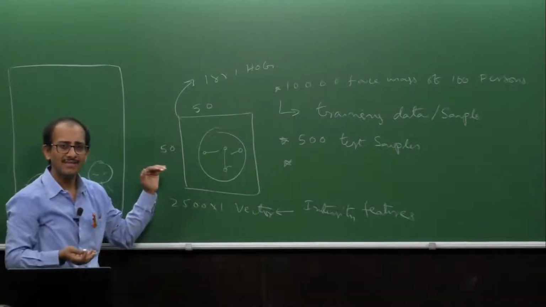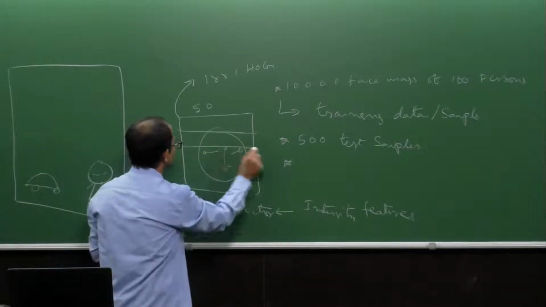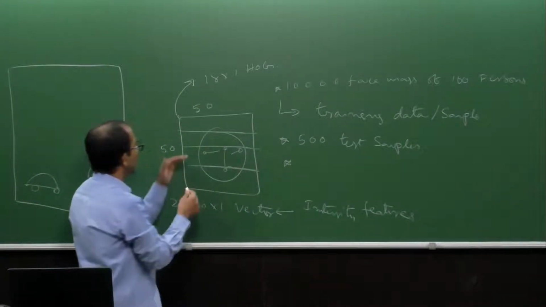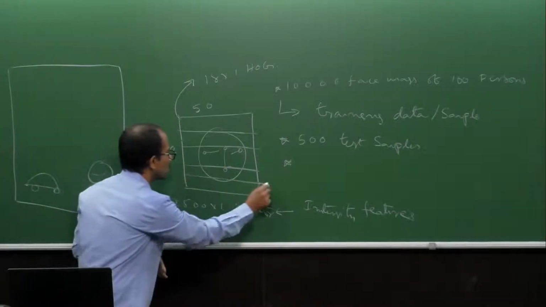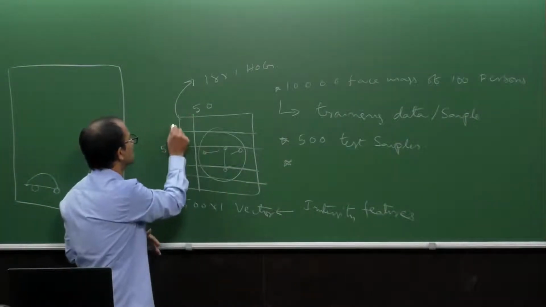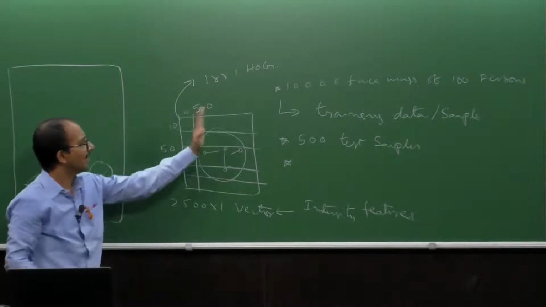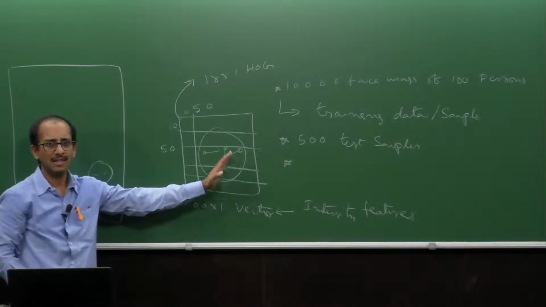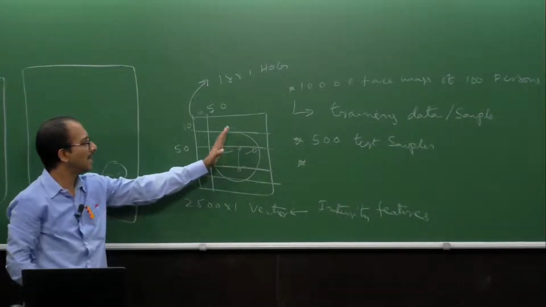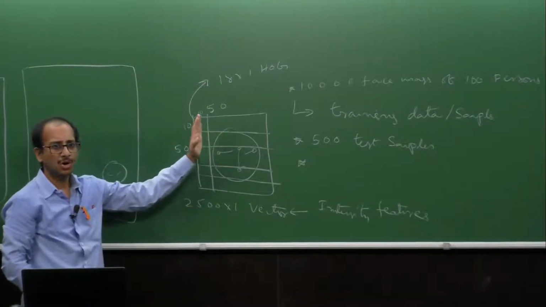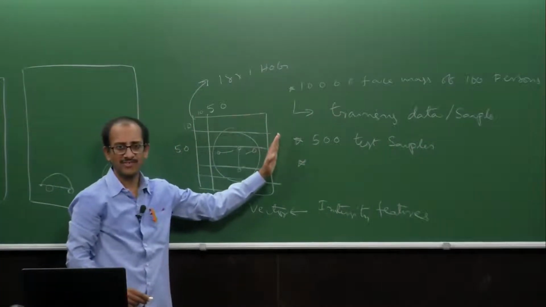The other way is we divide this into grids. So whatever 50 cross 50, I divide into say 10 by 10 regions, 10 cross 10 grids. So if I divide this into 10 cross 10 grids, or different small sub regions, then how many grids do I get? I get 25 such regions.